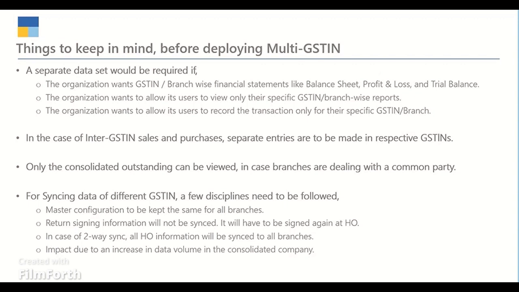Let's say in this case, I have two branches, Karnataka and Telangana, and though I am using multi GSTN, I may be maintaining this data in the same company, but when it comes to the reports, I may require reports in two ways. One is consolidated view and also the branch wise view. Because in this case, we are maintaining the same data set in one company, you can always have a consolidated view, not a branch wise view.